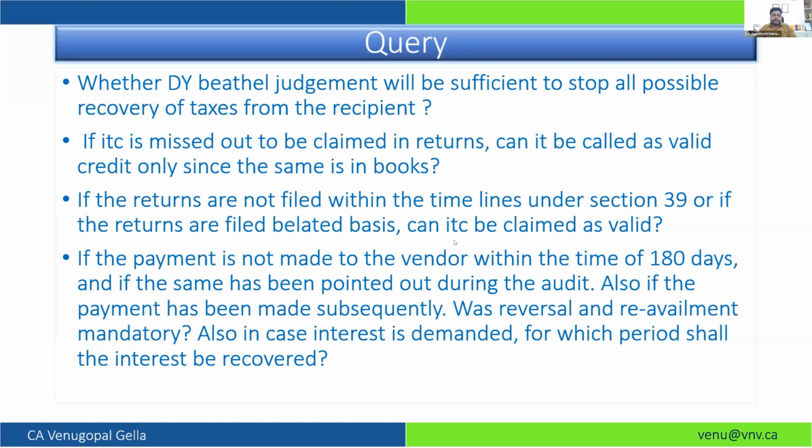In the previous slide, I discussed this judgment by Reavailment Enterprises. In this, the recipient had made the payment to the supplier, but the supplier had not made the payment to the government. So the issue is whether the recipient is required to reverse the ITC or not.